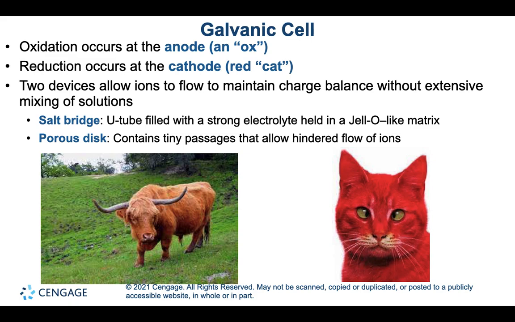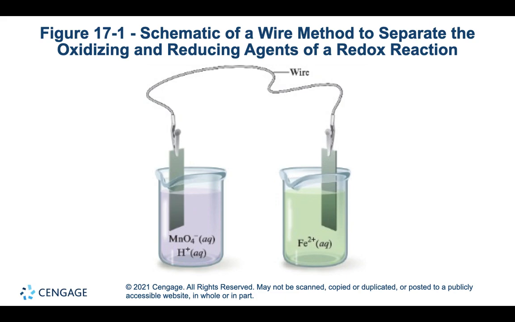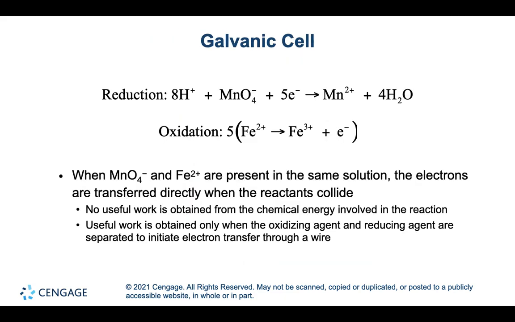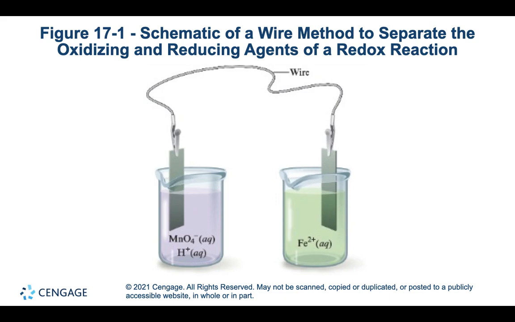So we've used these prefixes before, and you know that they stand for different kinds of charge. Now, to define for a galvanic cell what we mean by an anode: it is where oxidation occurs. So the oxidation reaction in this particular arrangement is the iron side. So in this particular schematic, the iron, the green side, would be the anode.